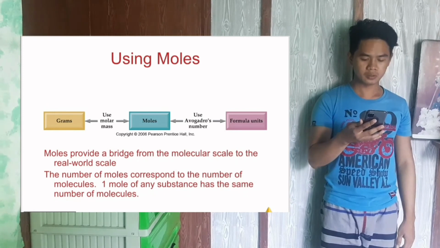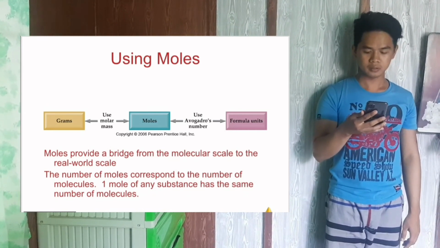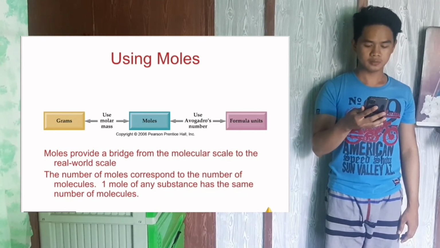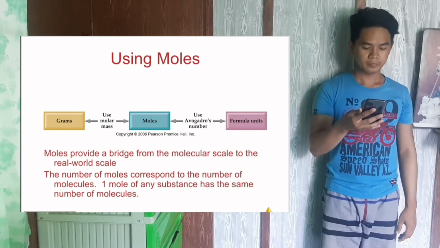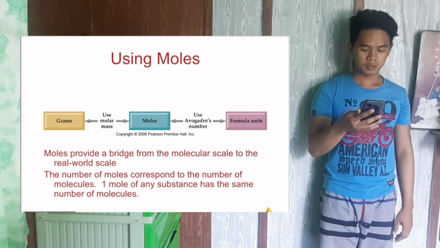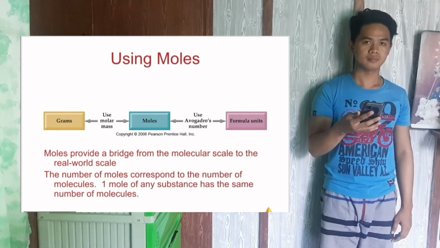Grams use molar mass to get moles, which use Avogadro's number to get formula units. Moles provide a bridge from the molecular scale to the real-world scale. The number of moles corresponds to the number of molecules. 1 mole of any substance has the same number of molecules.